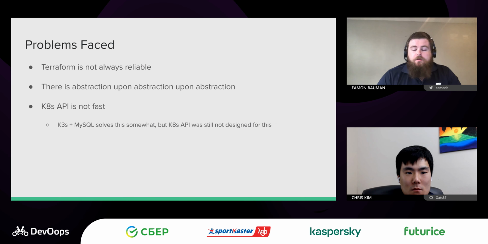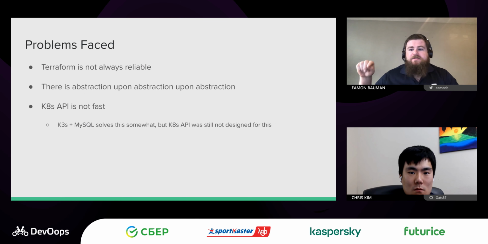We tried, and are still looking at solving this issue, with K3s plus MySQL. The benefit here is that K3s is a slimmed down distribution of Kubernetes from us here at Rancher Labs. What's important is that K3s contains what we call KINE, K-I-N-E. It stands for "KINE is not etcd." It's a recursive acronym.